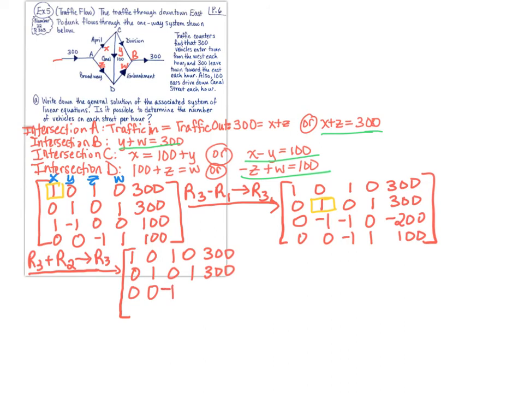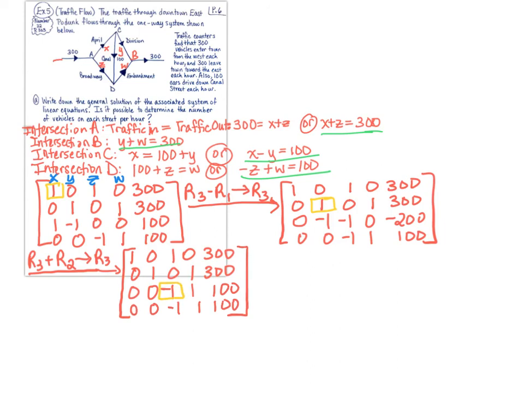Then we have 0 plus 1, that'll give us 1. Then we'll have negative 200 plus 300, that gives us 100. And then the last row does not change. Okay? Perfect.